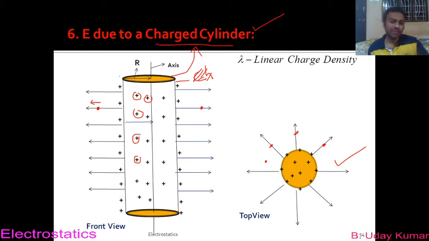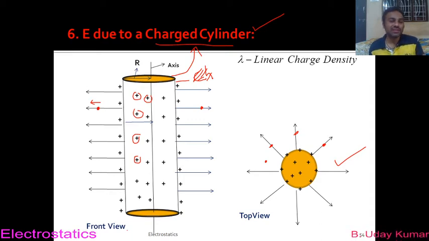Here I am considering the length of the charged cylinder as infinity. So whatever charge is given to this cylinder is uniformly distributed along its length. Since I am saying that its length is infinity, what does that mean?